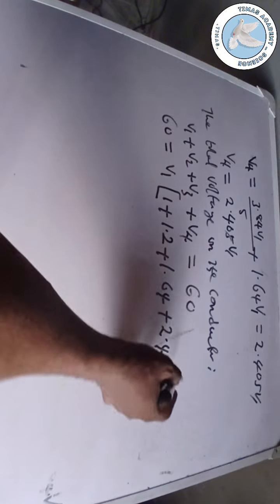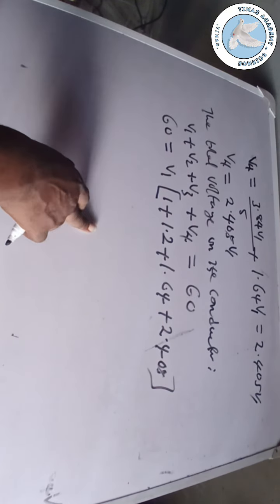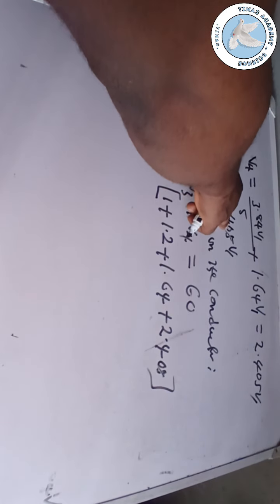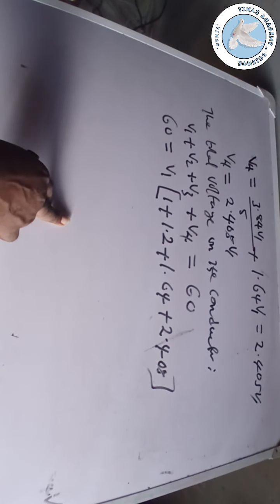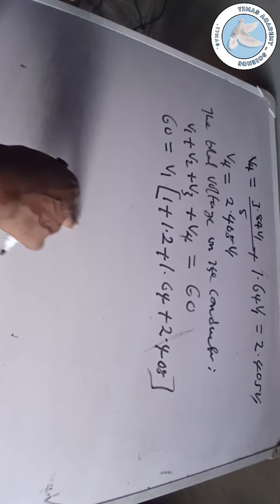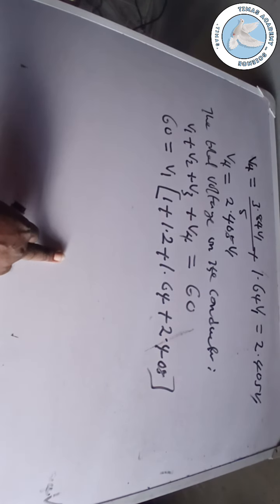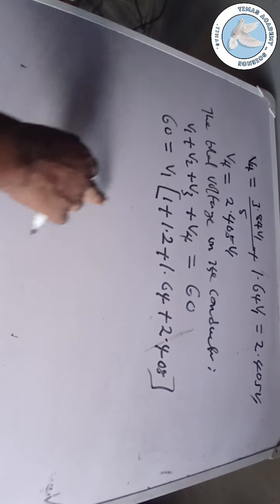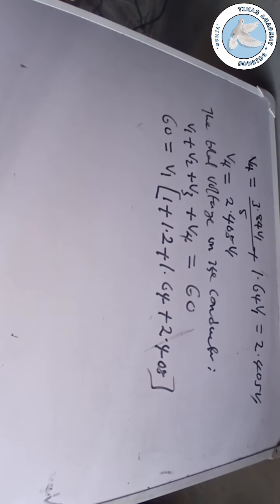Please note this was 8. This has to do with the analysis we just got: V4 is 2.408 V1, V3 was 1.64 V1, V2 was 1.2 V1, and this is V1.